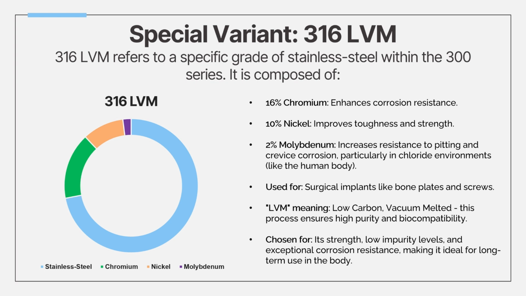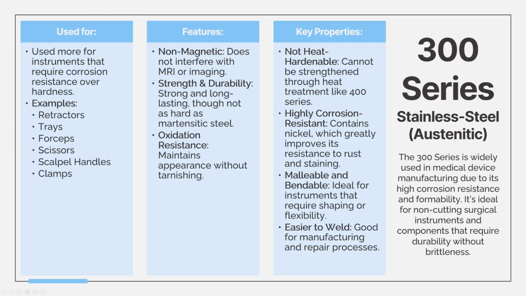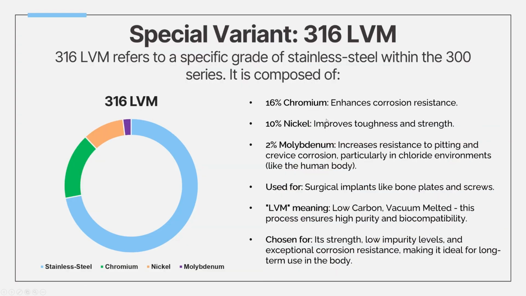Because it is within the 300 range, this series is closer to the austenitic stainless steel in properties than it is to the martensitic. LVM basically means low carbon vacuum melted, which ensures purity, low impurities, and high biocompatibility. This makes it ideal for long-term surgical implants like bone plates and screws, where strength and resistance to corrosion are critical.